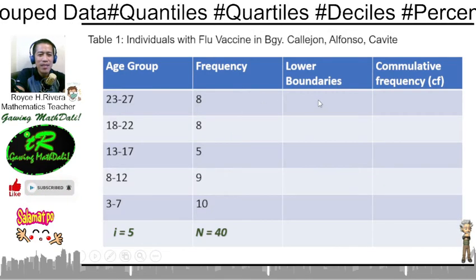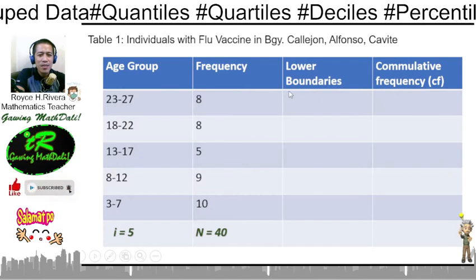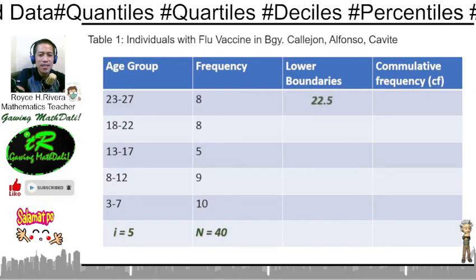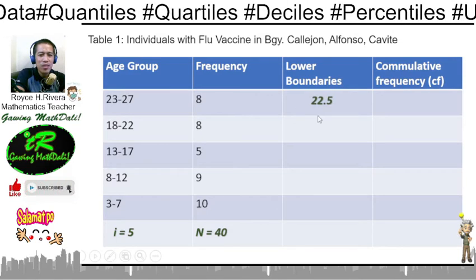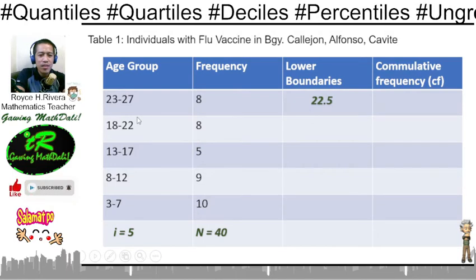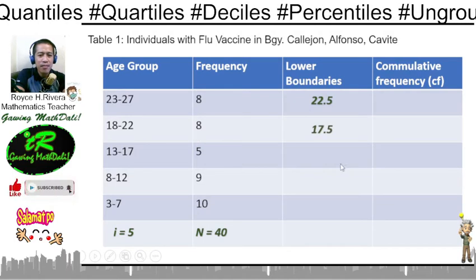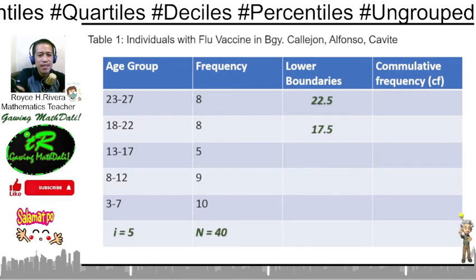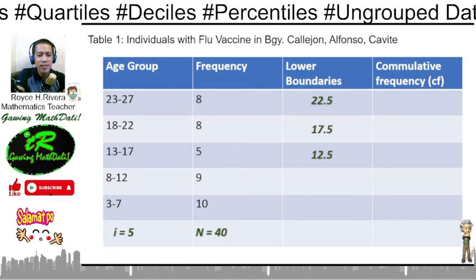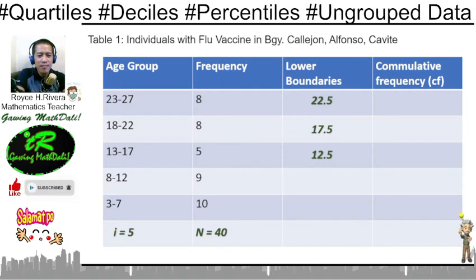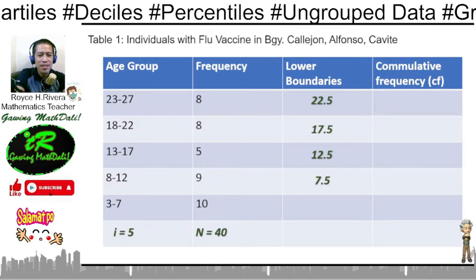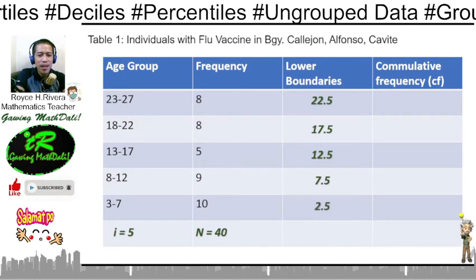The lower boundary for each age group, let us start with 23 to 27, and that is 22.5. For 18 to 22, we have 17.5. 13 to 17, we have 12.5. 8 to 12, we have 7.5. And for the last age group, we have 2.5.